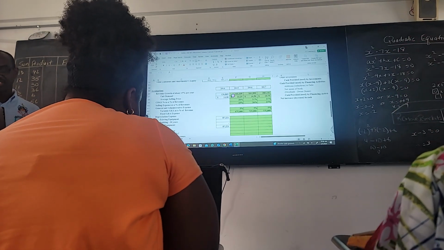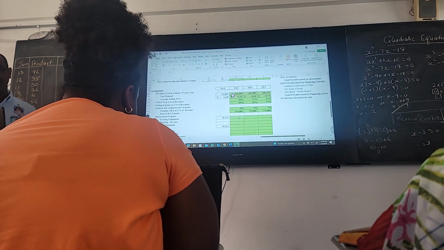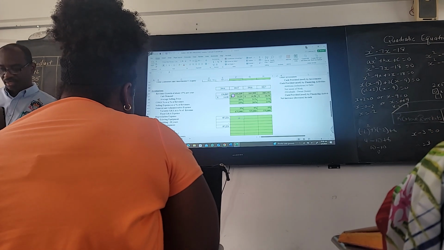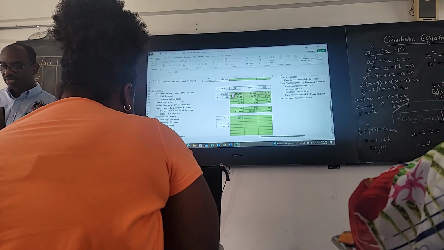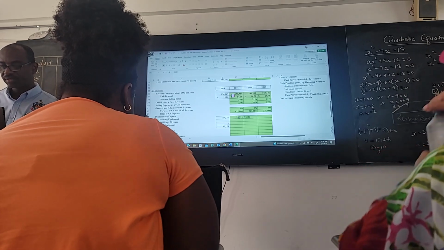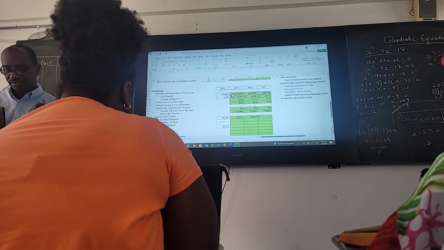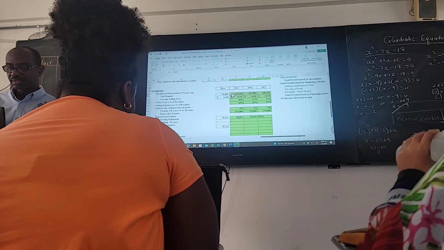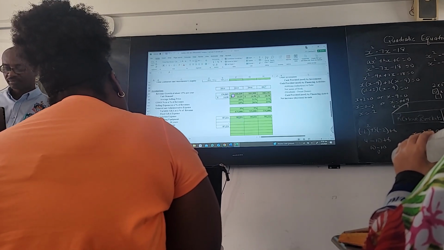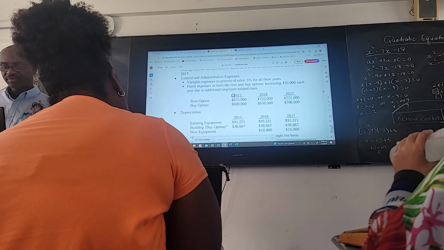So depreciation. Existing equipment. What is given? 95,221. All the way across. Building, 36,667. Do we need that under the rent option?